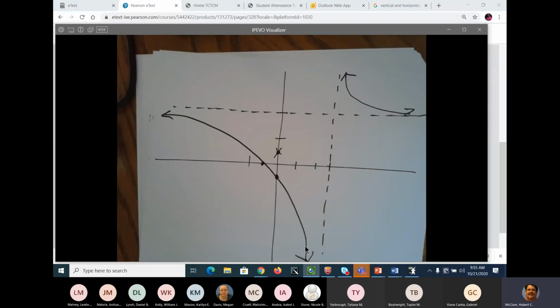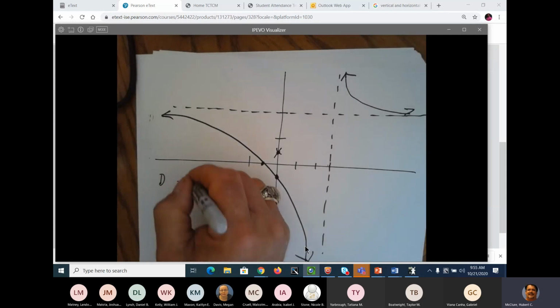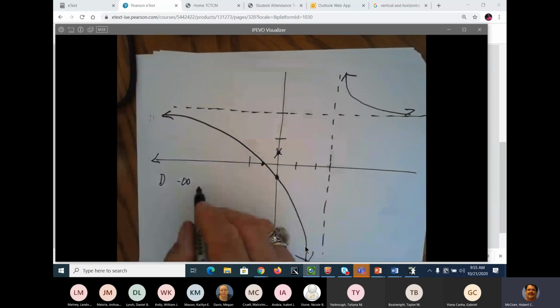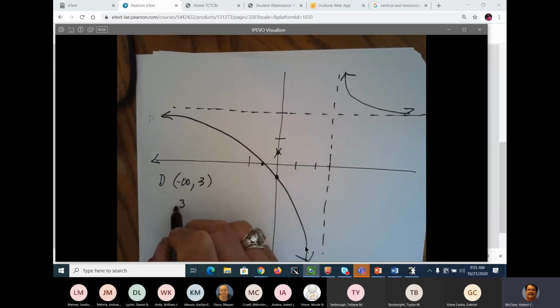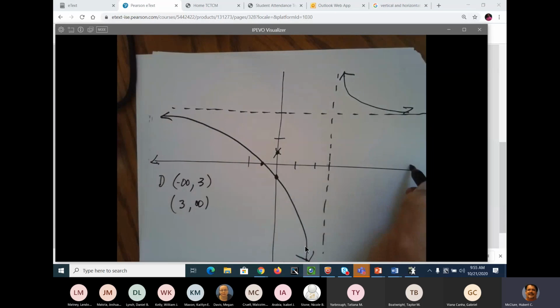So some questions you may be asked to find the vertical and the horizontal asymptotes. Some you're just going to be asked to find the domain and range. The domain is -infinity to 3, and then from 3 to +infinity.